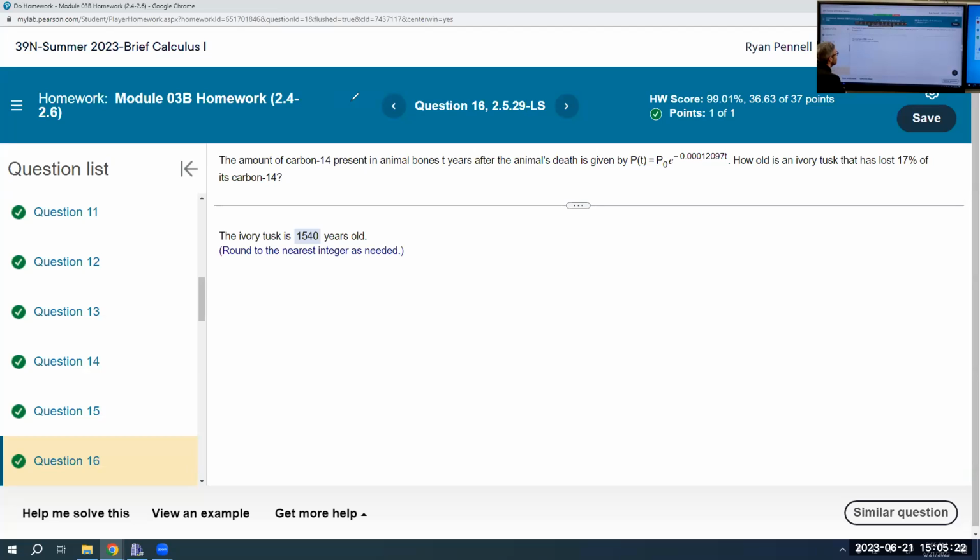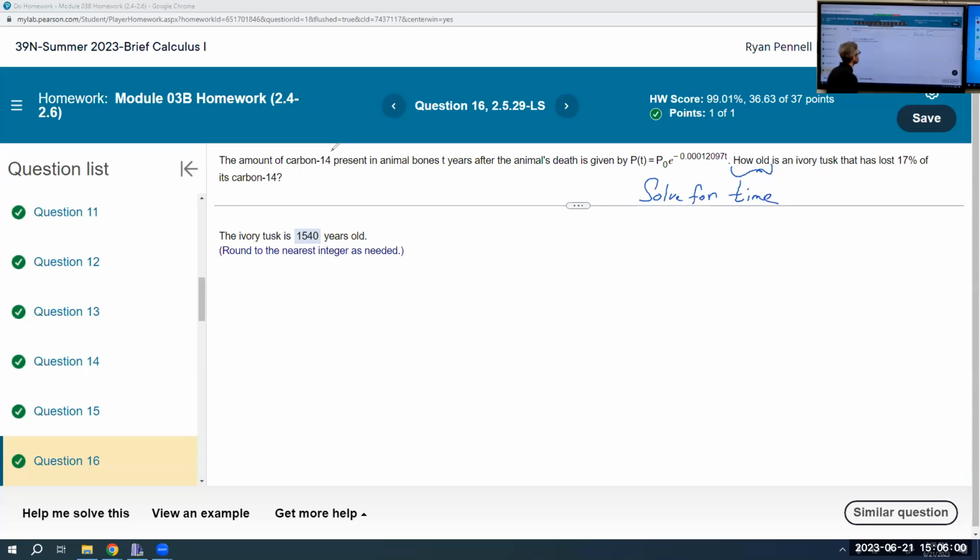How old is an ivory tusk if it's lost 17% of its carbon? So how old to me sounds like time. That's reading like time to me. It's saying that it has lost 17% of its original amount. I think we're solving for time in this one.